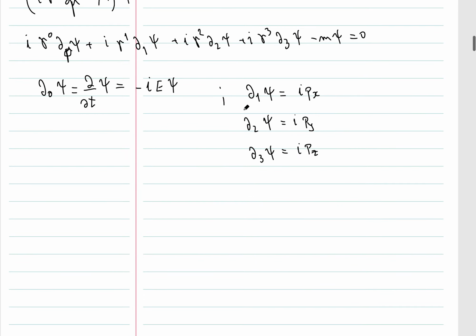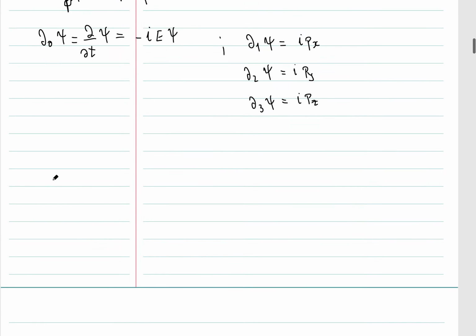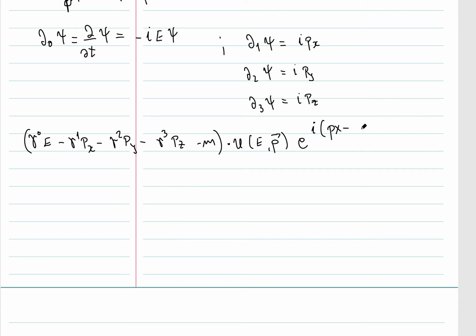Now you plug into the equation, and then you can find that gamma 0 E minus gamma 1 p x minus gamma 2 p y minus gamma 3 p z minus m, times u of E and p, times e to the i p x minus E t, is equal to 0.